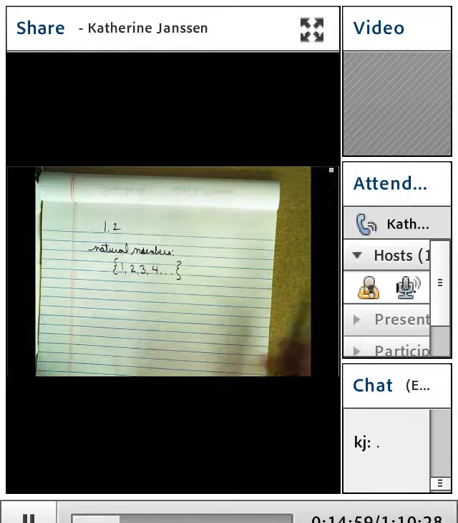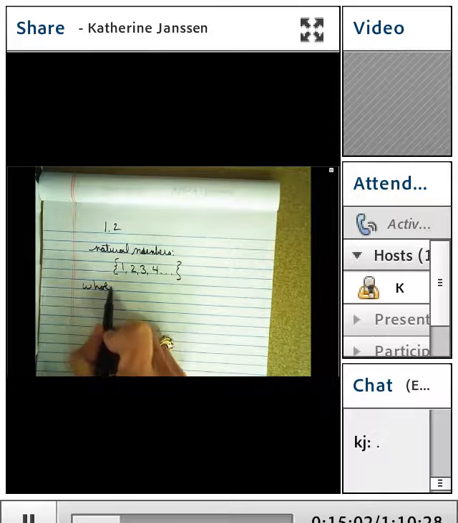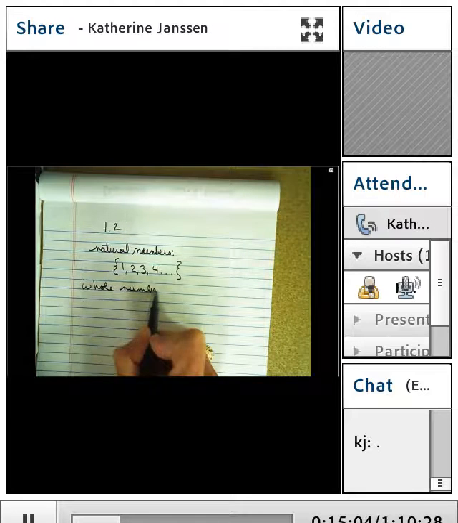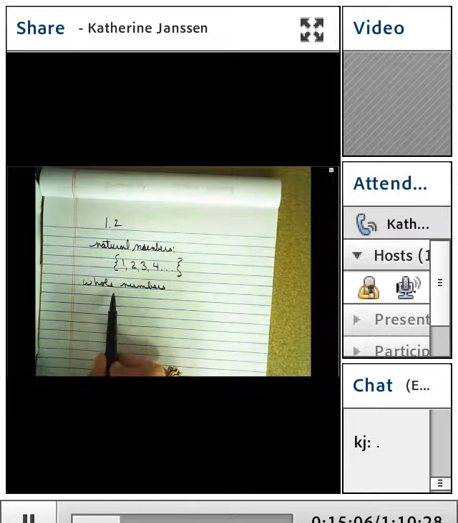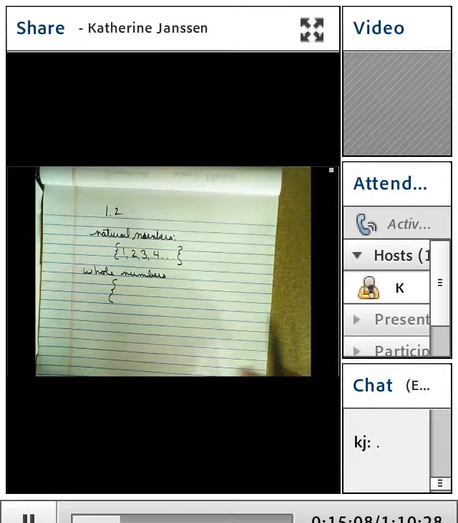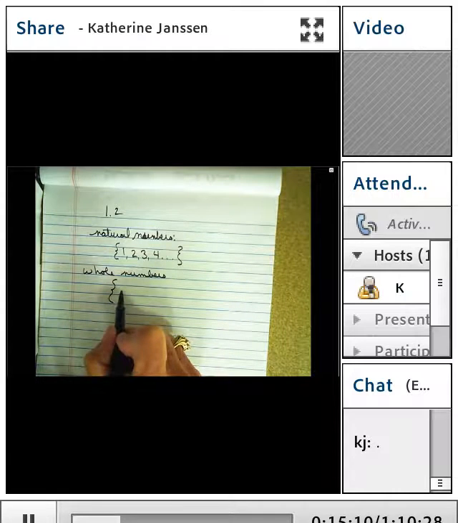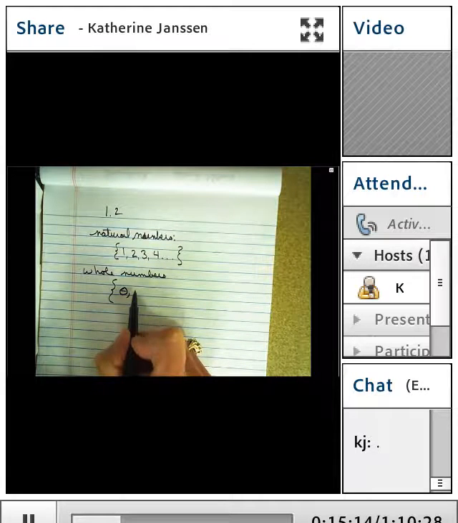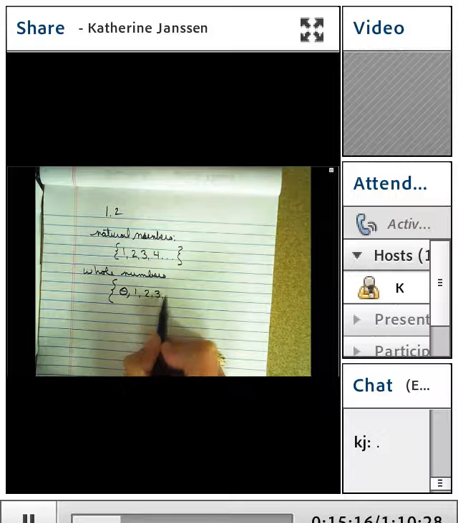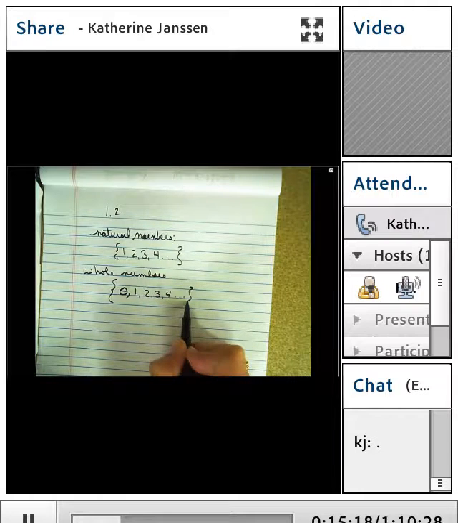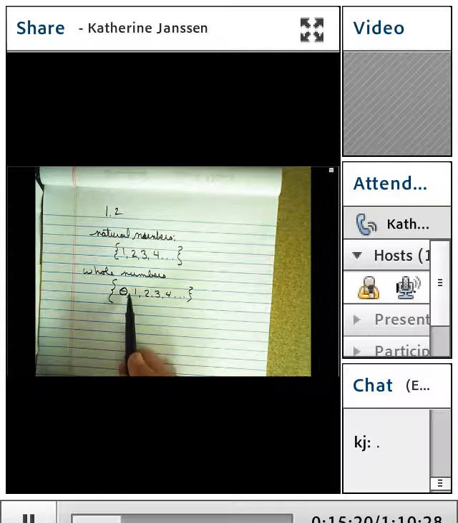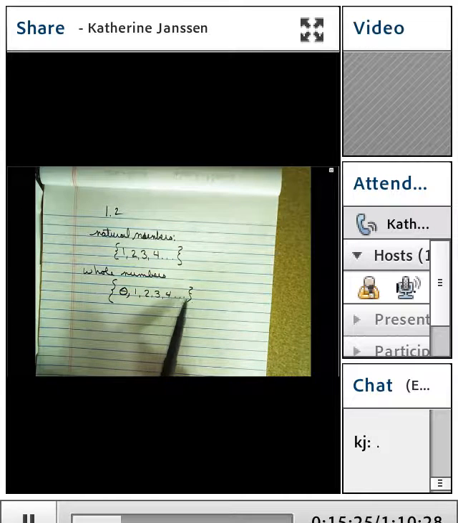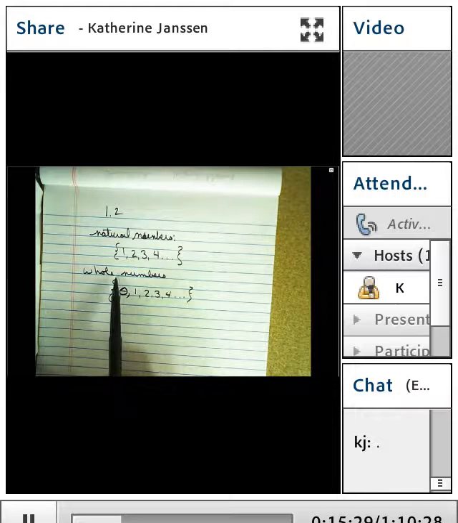The whole numbers. As we get a bit older in our development, we begin to add and understand the value of zero. So we have the set of whole numbers, which is 0, 1, 2, 3, 4, 5. The natural numbers are a subset of the whole numbers.